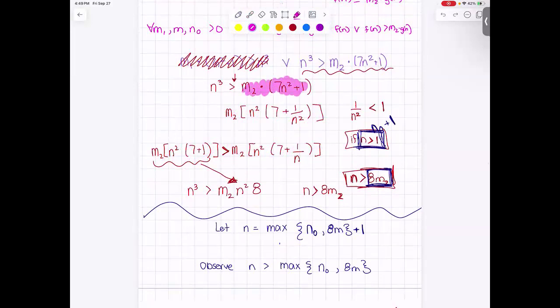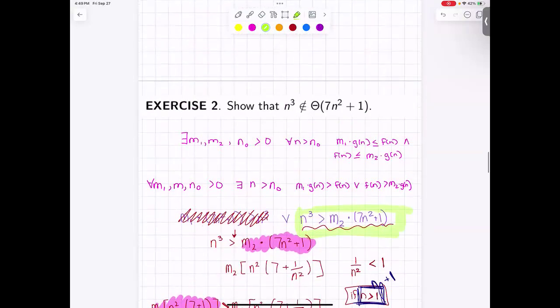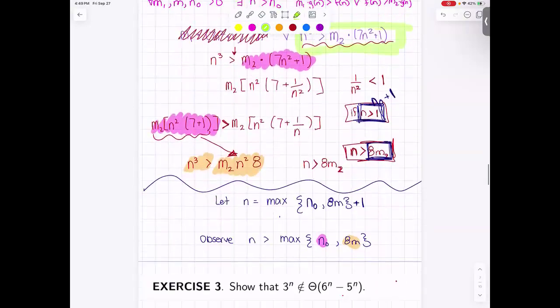We use the n naught to prove this side, and that's the n naught part. And then we can use the 8m² part to prove this side of it. And therefore, we'll be able to say that our original equation, which was just this side over here, held true. True or anything is just going to be true. And we're able to show that our original values are not in theta of n² + 1.